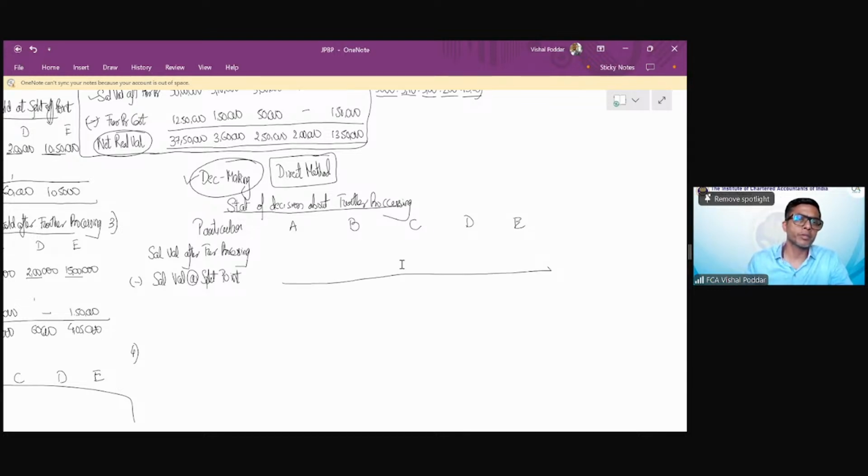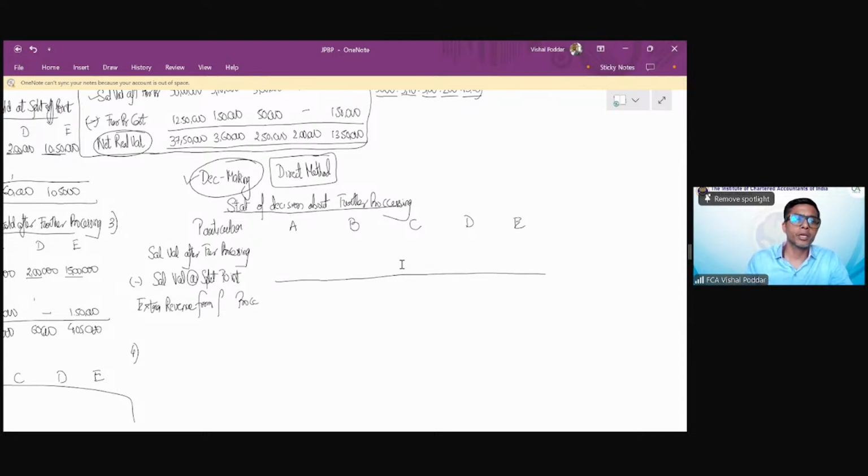So here I am taking the difference of both the sales values. Let me call this difference extra revenue from further processing.